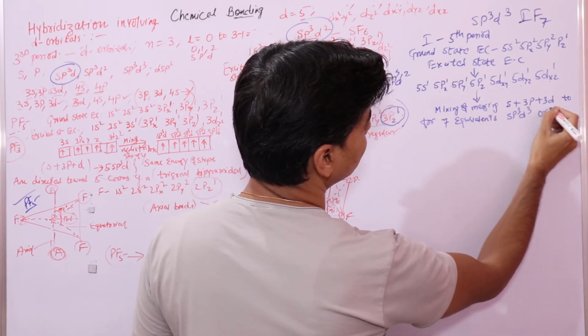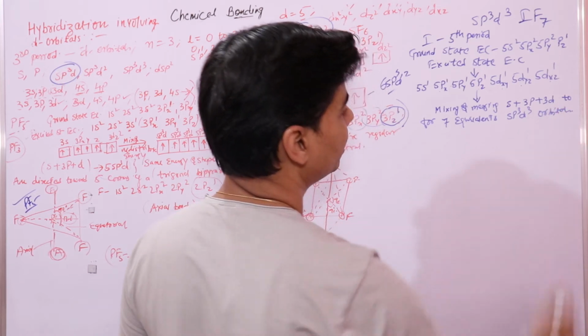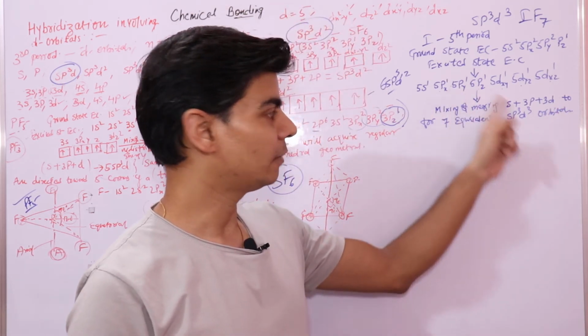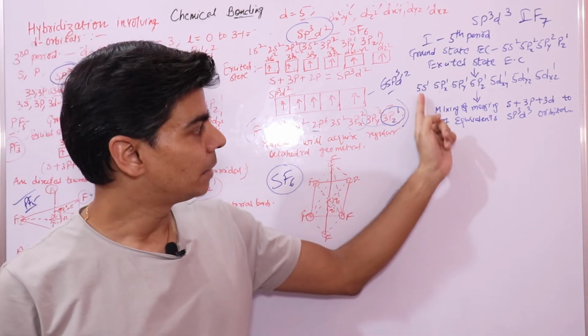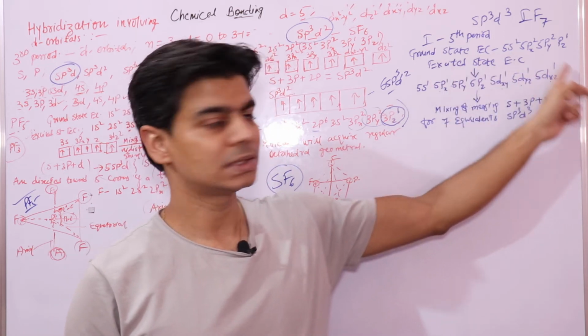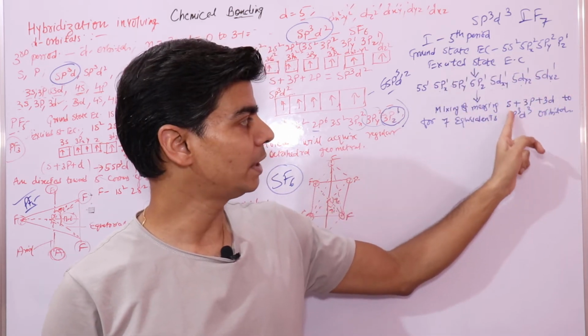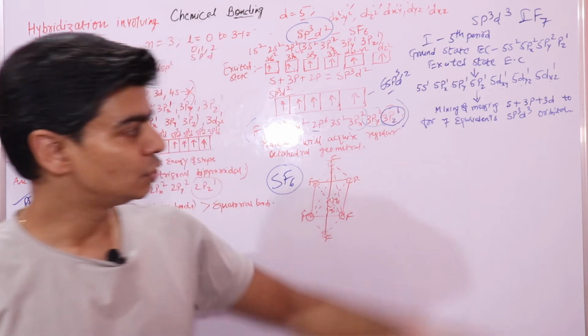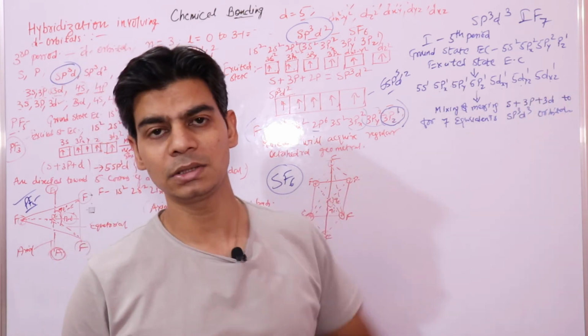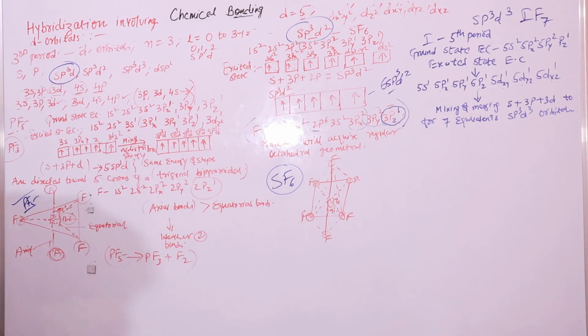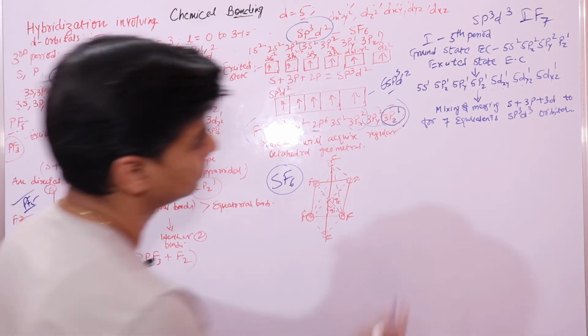Since we have 7 sp3d3 orbitals obtained by hybridization of these 7 orbitals, the geometry obtained would be pentagonal bipyramidal. So the geometry of the molecule would be pentagonal bipyramidal.